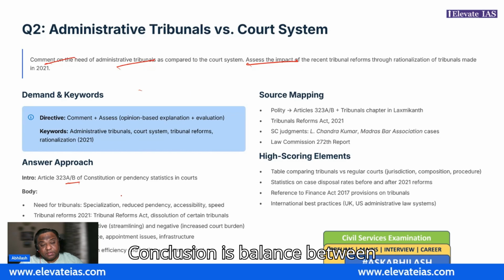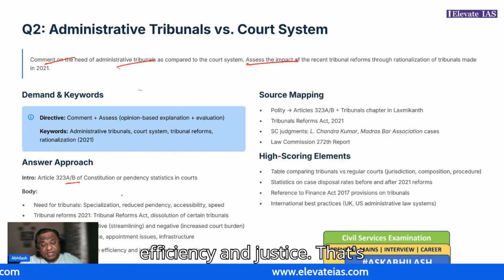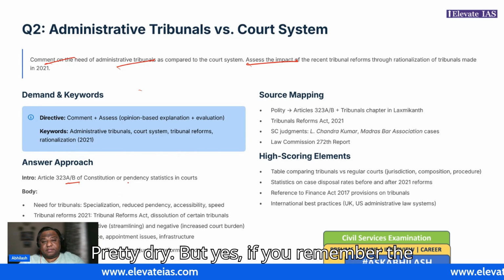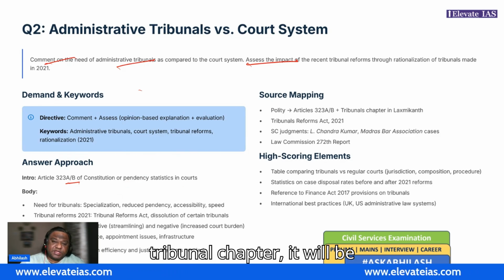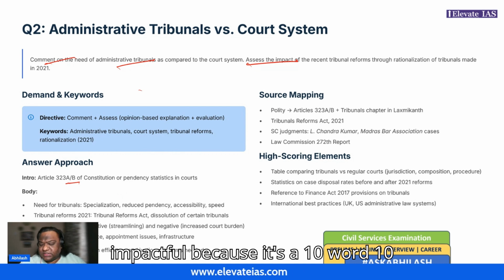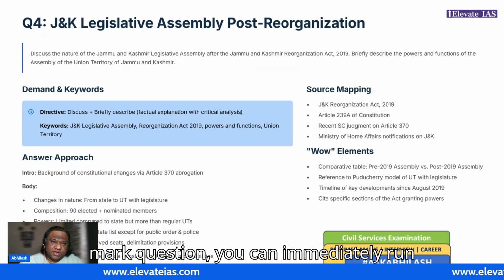Conclusion is balance between efficiency and justice plus reform. Pretty dry, but yes, if you remember the tribunal chapter, it will be impactful because it's a 10 mark question. You can immediately run through it.